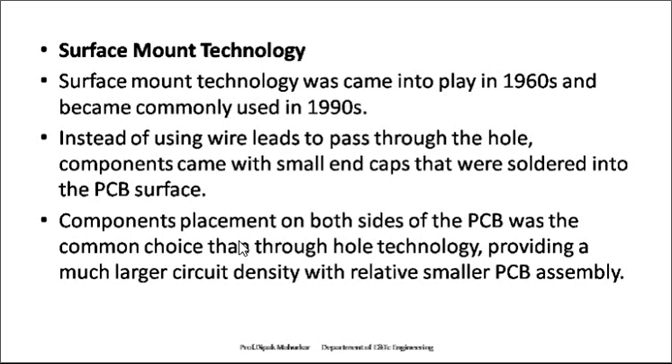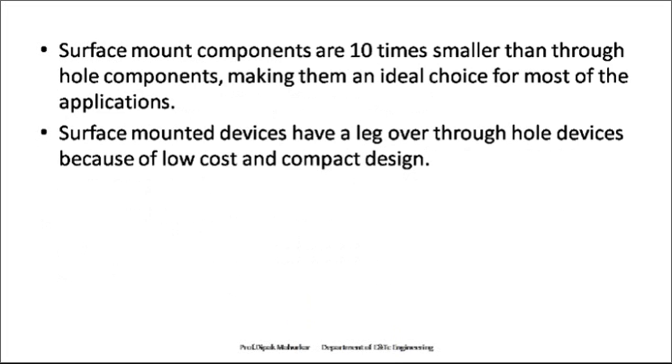Components placed on both sides of the PCB became the common choice over through hole technology, providing a much larger circuit design with a relatively smaller PCB assembly. The surface mount components are 10 times smaller. This is very important.